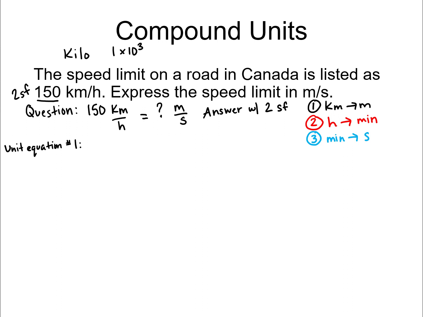Kilo is 1 times 10 to the third. If we're going from 1 kilometer to the number of meters, it's 1 times 10 to the third meters. Our unit factors are the fractions.